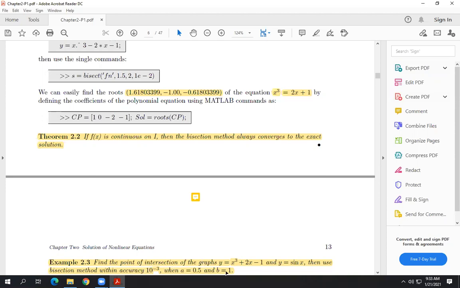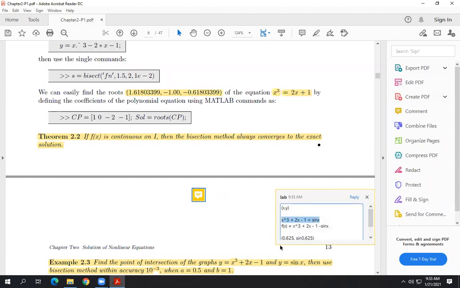Sorry, not equation, function, because we call it the graph of a function. So we say these two functions are equal. It means x cubed plus 2x minus 1 equals what? Sine x. Now you have the equation.